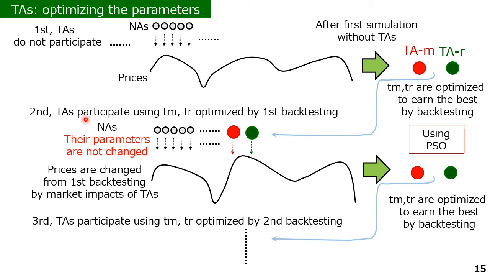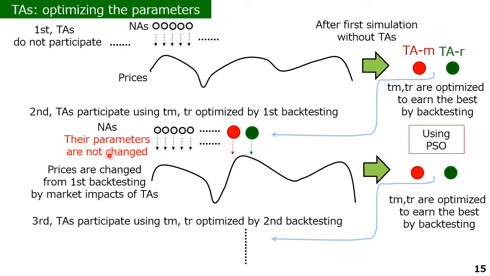And next, in the second simulation, TAs participate using TM and TR optimized by the first backtesting, but prices are changed from the first simulation because of the market impact of TAs.